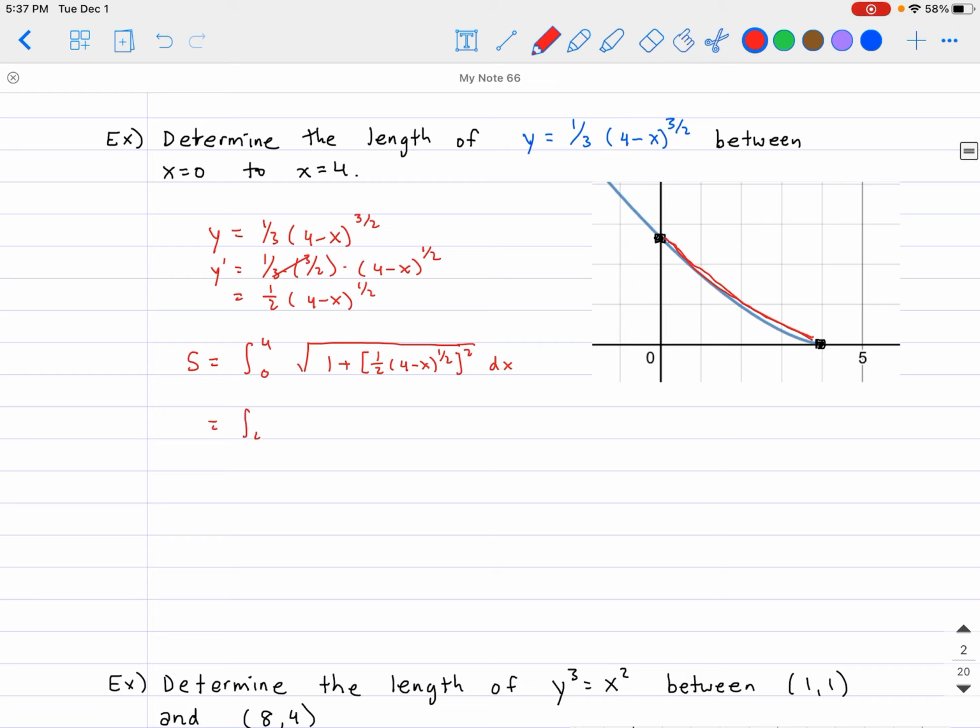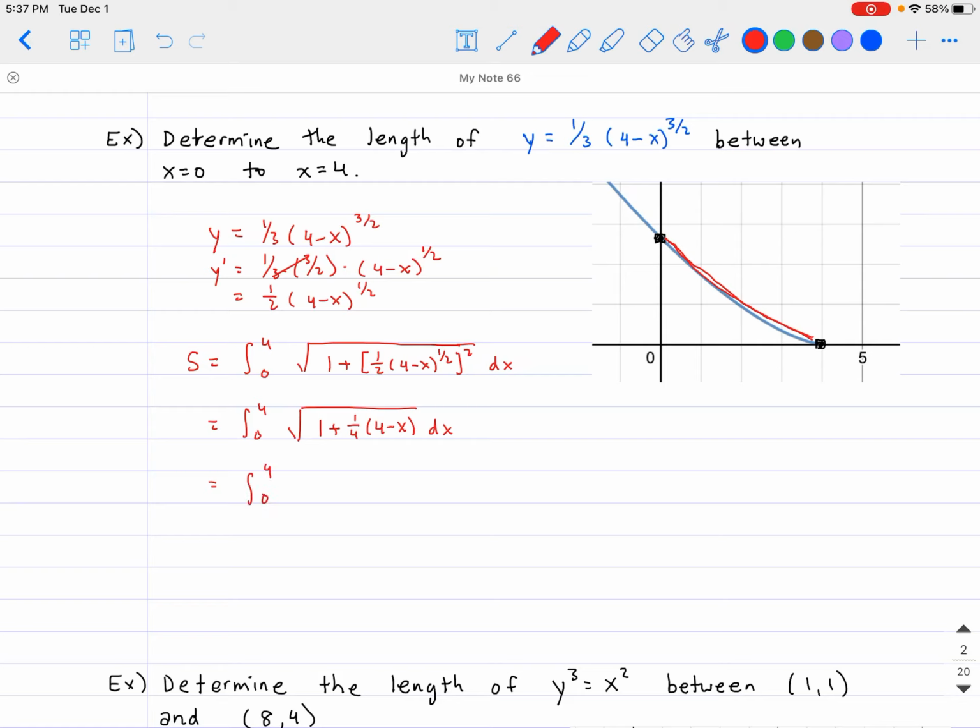So we'll go ahead and clean up that equation. The square root of, for the inside, you have 1 plus, and the 1/2 and the square cancel out, so that comes out nice and clean. We do have that 1/4 because it's 1/2 squared, multiplied by 4 minus x, dx. Okay. Keep trimming it just to see what we get.